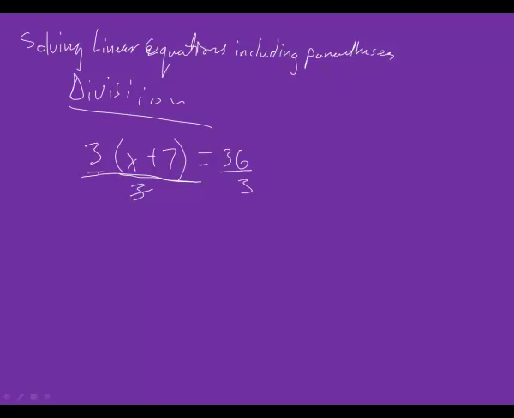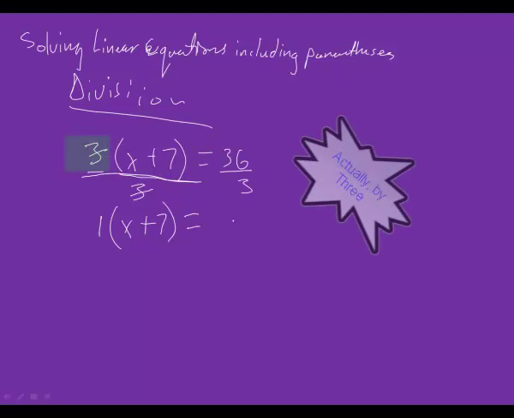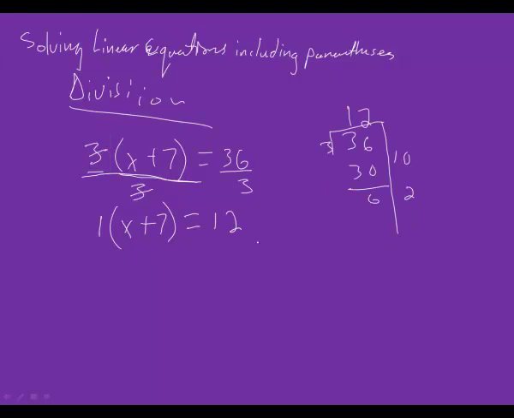So when I divide this by 3, this is going to turn into 1. So this isn't necessary to write down, but this is what ends up happening. We have 1 times, because that turns into 1, this term, which is x plus 7, equals, and then 36 divided by 3, 12.